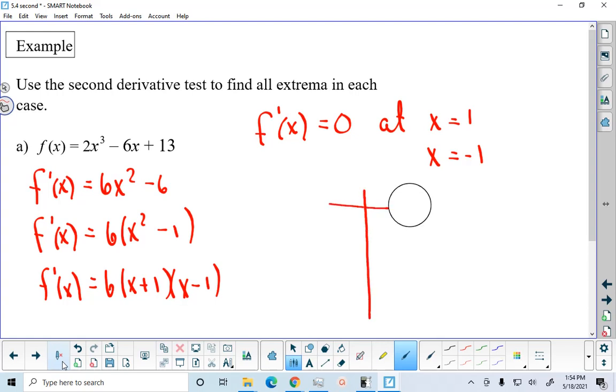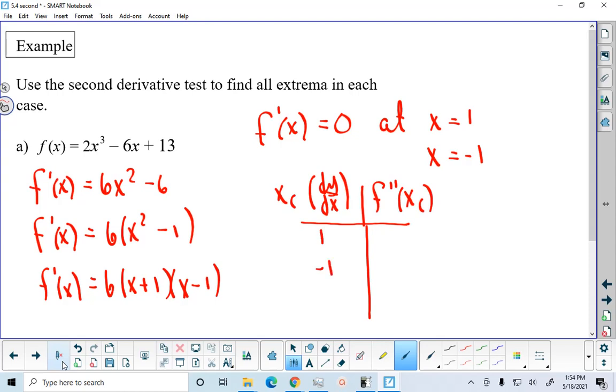So what we're going to do is the following. We're going to make a table of values where we have critical values for the first derivative, and then we have the value of the second derivative at those critical values. In other words, we're going to take that 1 and negative 1 and put them into the second derivative and see what we get. So we need to know the second derivative.